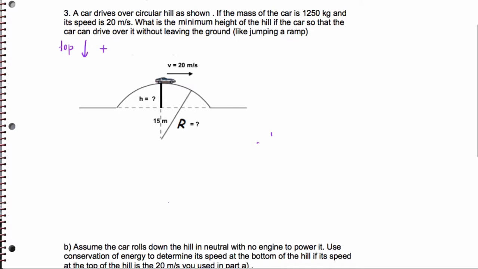The other thing is we're talking about a minimum height of the hill, which is a disguised way of saying there's going to be some speed. If we go below that speed, we're actually going to have a normal force on the car. So we're still doing a minimum speed problem, and that implies that the only force acting is mg, or gravity.